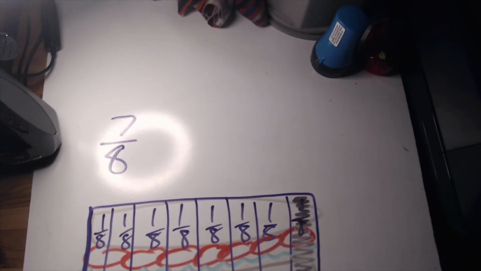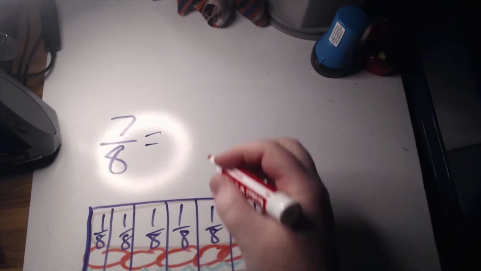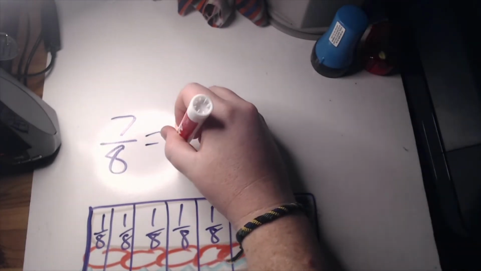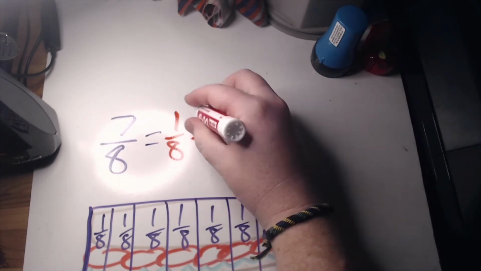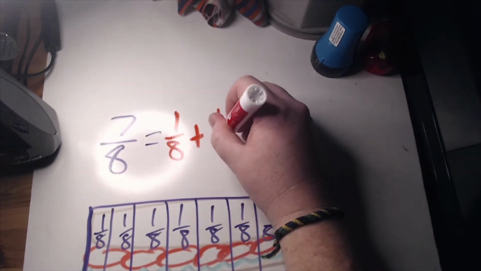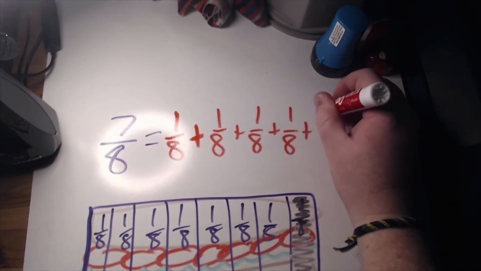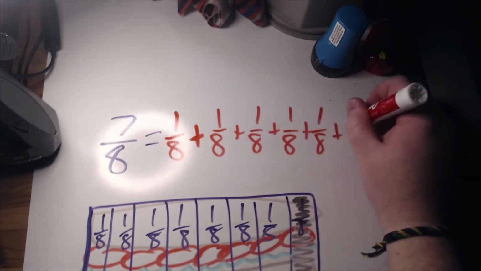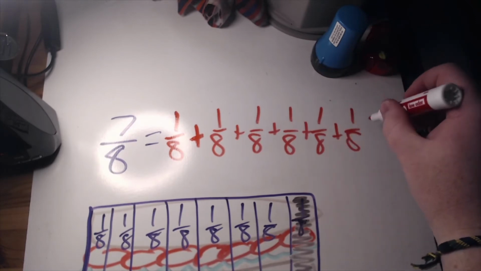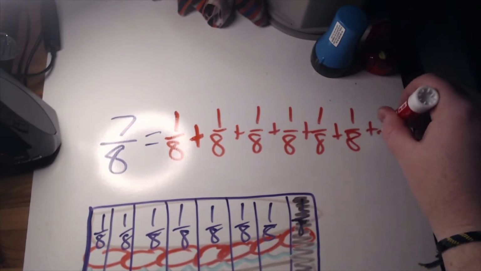Now we're going to write this math problem. He split them all up into individual units, but all of those individual units add together to make what's left of the sandwich. So 1/8 plus 1/8 plus 1/8 plus 1/8 plus 1/8 plus 1/8 plus 1/8.